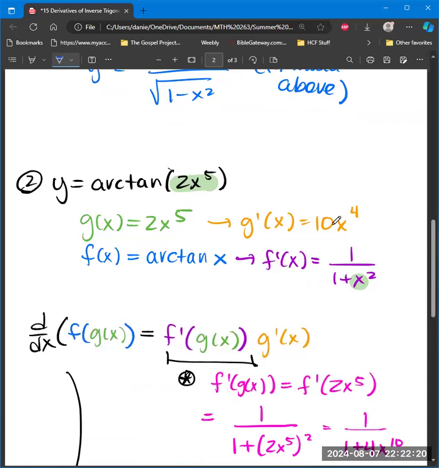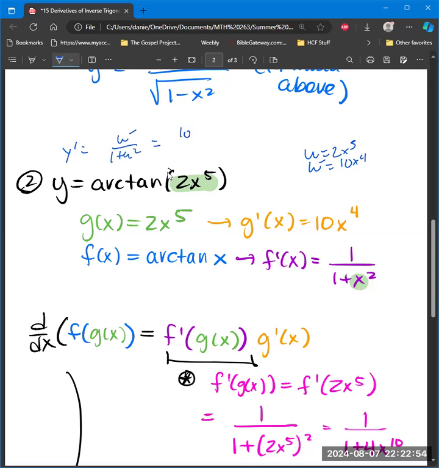Now, if we have y equals arc tangent of 2x to the 5th, we're going to have to let our u be 2x to the 5th. Our u prime is going to be 10x to the 4th. And so we're going to use the arctangent formula that says y prime will be u prime over 1 plus u squared.